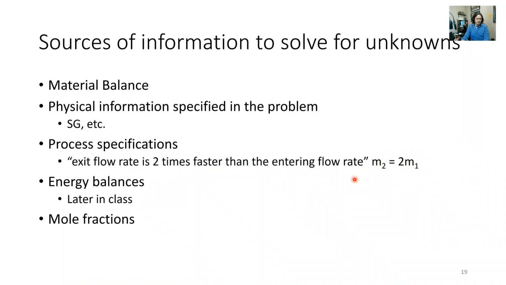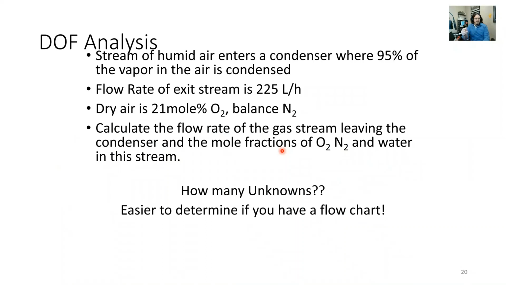I should have dots, I apologize. And then energy balances. Okay, we'll worry about energy balances later, probably after spring break. And then mole fractions. And we've already kind of seen this. Hopefully you've absorbed it by osmosis in some way, just by the way we've set up these problems and worked them out.